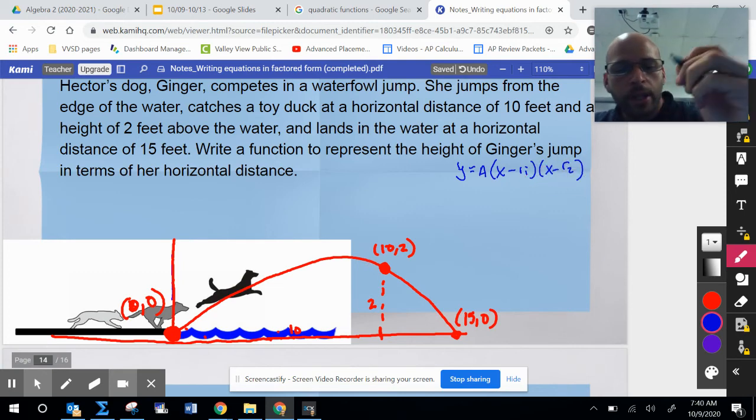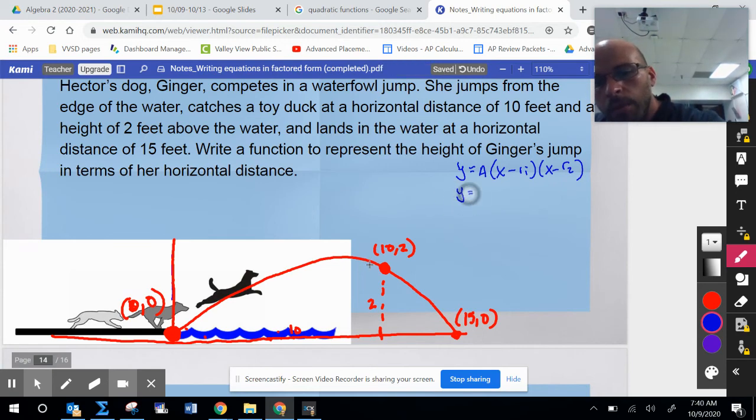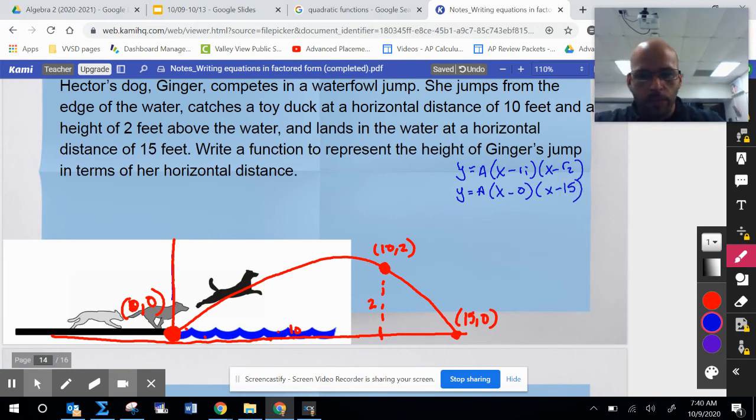I think the picture really helps me here because I know my x-intercepts are going to be at 0 and 15. And then I'm going to use this other point, this 10, 2, as my x and my y. So the y is 2 while the x is 10.